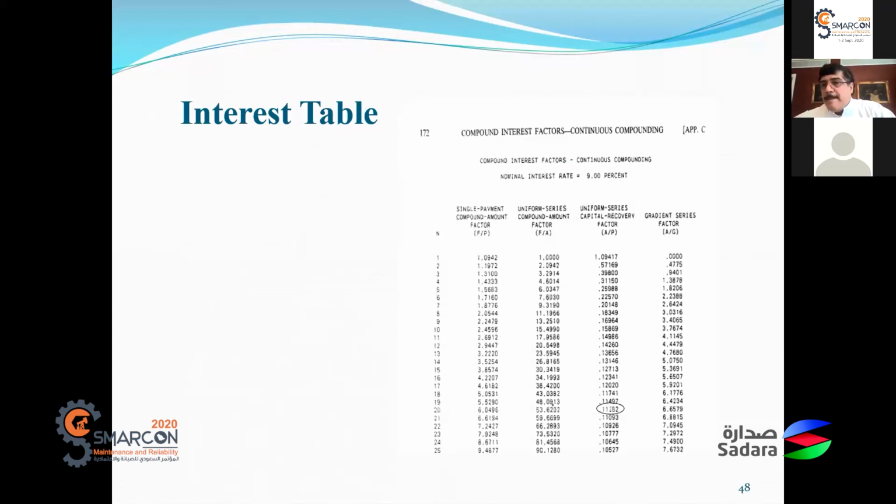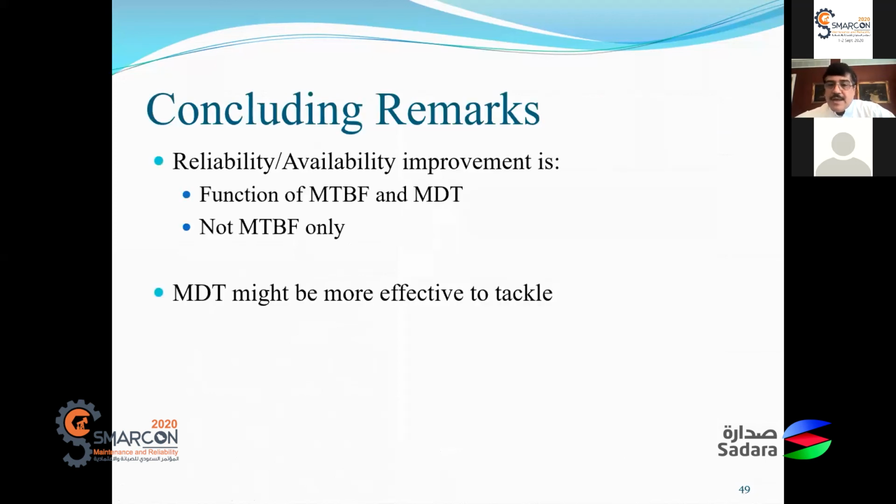So even financially, it's not attractive. You're not going to get any more improvement. So this is the need for modeling reliability and availability.